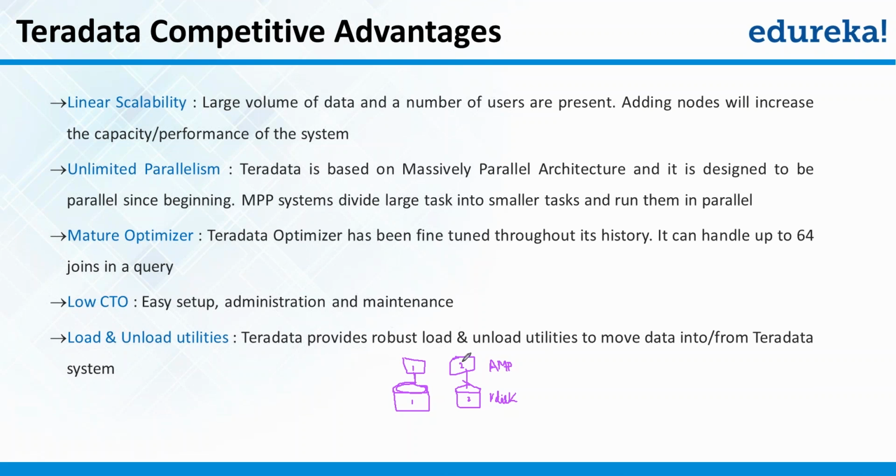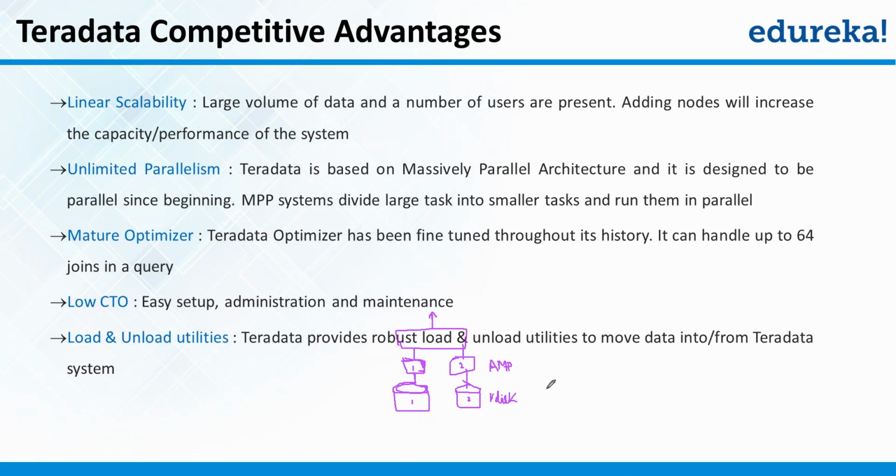If processor 2 reads data only from disk 2, this is called a virtual disk or a V disk, and this is also a V disk, and the processor is also called an AMP, because the full name is access module processor. So these are your AMPs. AMP1 reads data from V disk 1.